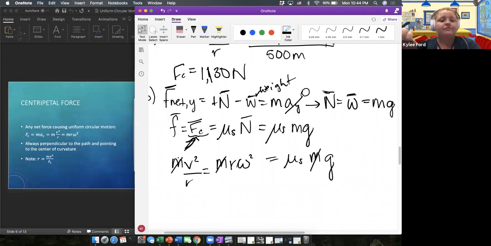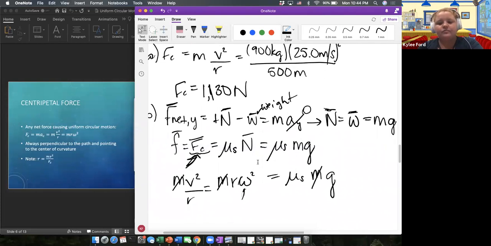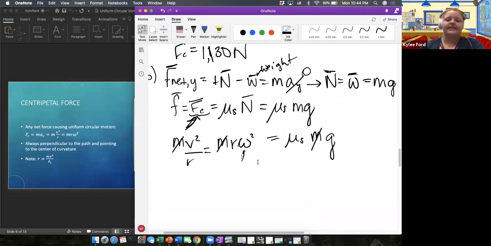I could go a different route and solve for my omega, but it's up to you guys which you would prefer. I'm going to try it this way since I already have that value. So the first thing I'm going to do is rearrange this equation one last time, solving for this constant here. It's going to be v squared over g times r.